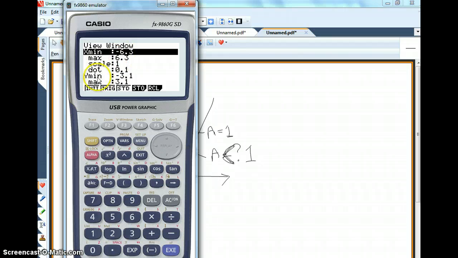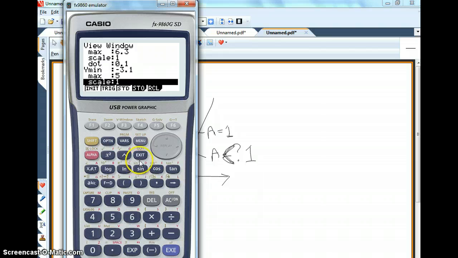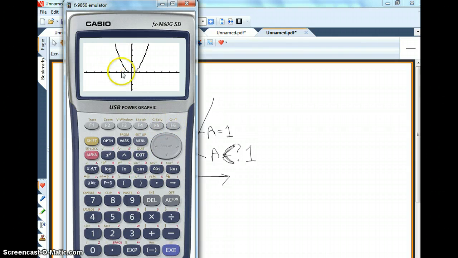If I look at the Y scale, the max, I want it to be bigger than 4. So I'm going to change that number there and make it 5. Now it goes up to 5. 1, 2, 3, 4, 5. And you can go shift trace if you like.